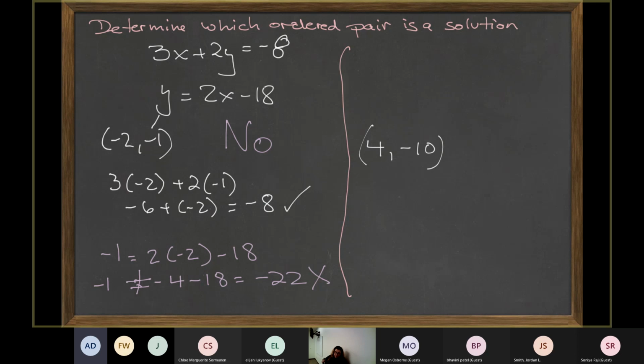Both of them have to be true. So (4, -10), and we'll see what happens. X is 4: 3 times 4 plus 2 times -10, 12 plus -20. 12 plus -20 is -8 on the left-hand side, and that obviously is equal to the right-hand side.